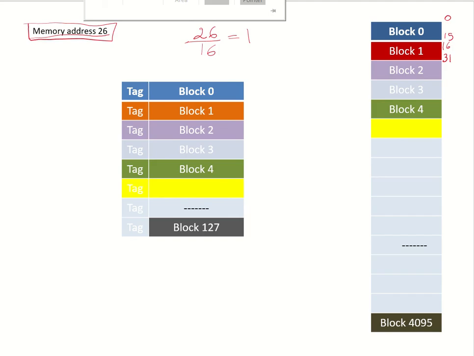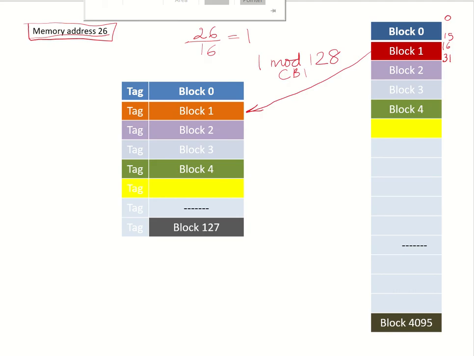So which cache block will it map to? Main memory block 1 modulo the number of blocks in the cache, which is 128. That means this is going to map to cache block 1. So this block will be brought here. How can we figure this out from the bits? Let us check. The processor is sending out a 16-bit address.